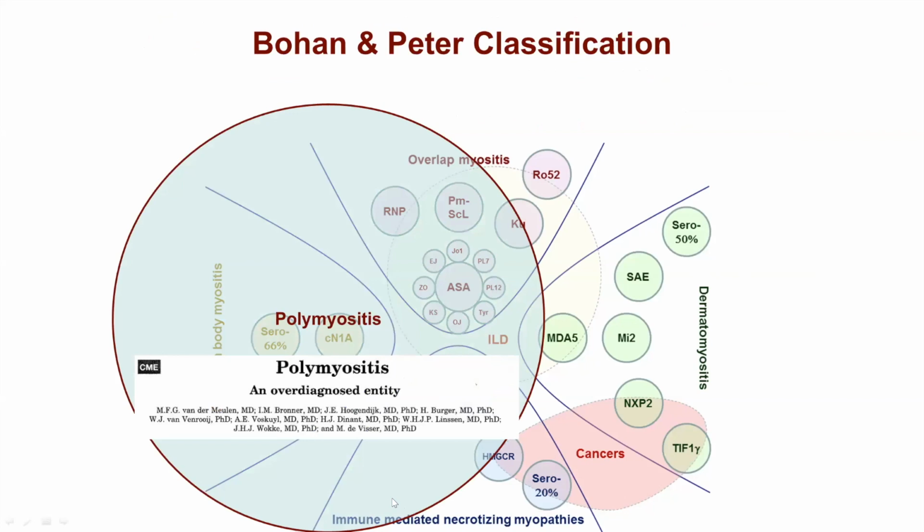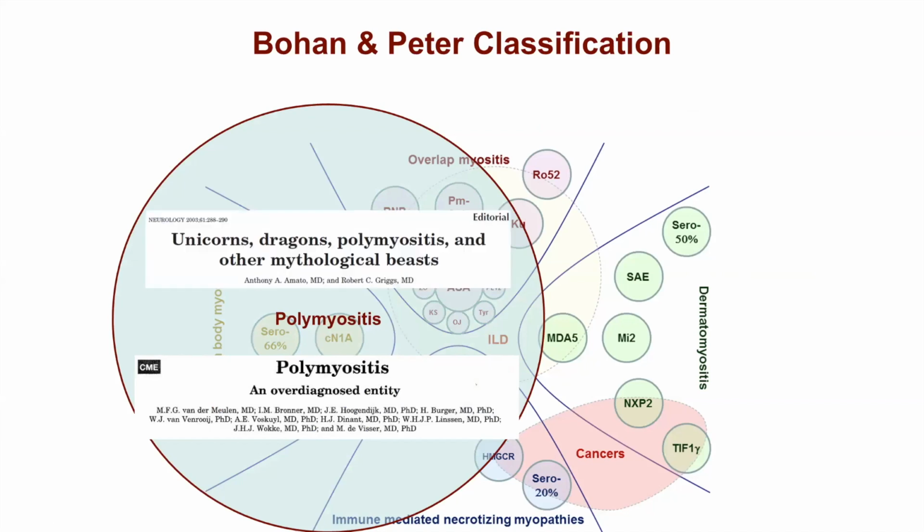And since the mid-90s, one group published a paper saying that polymyositis is certainly an overdiagnosed entity, because in their cohort at that time, most of the polymyositis patients were patients with another connective tissue disorder or inclusion body myositis.